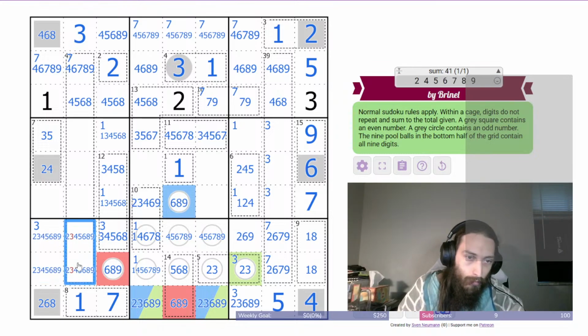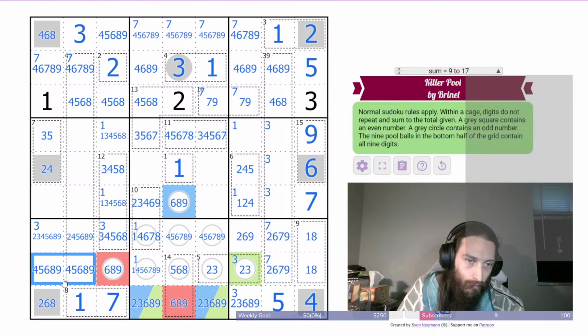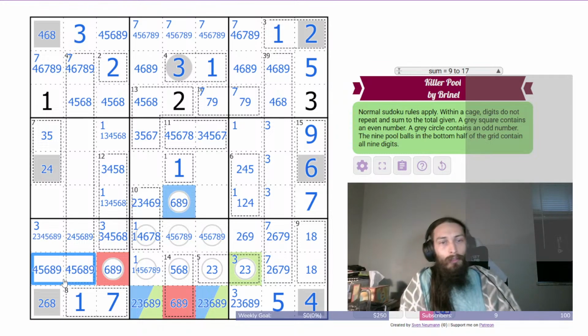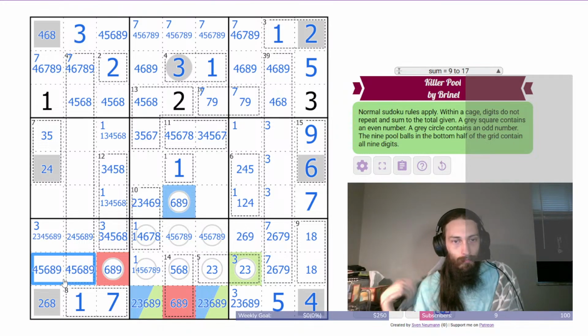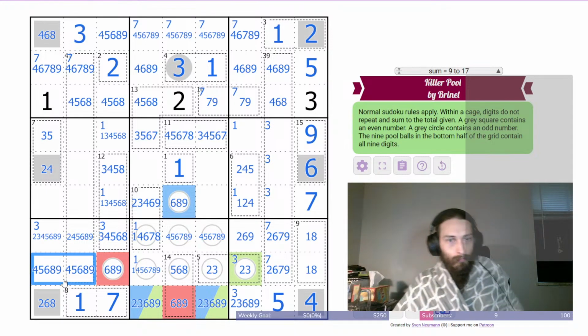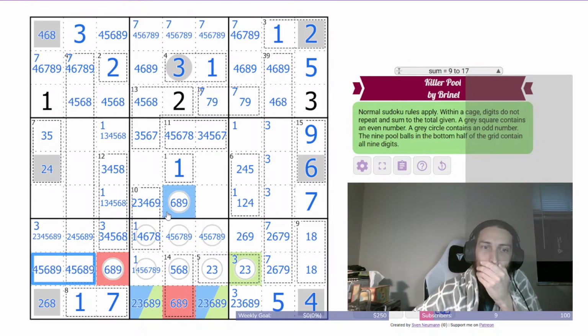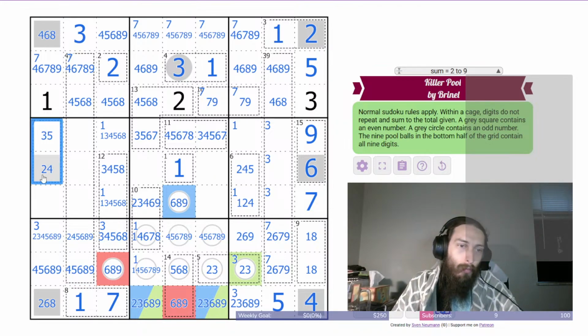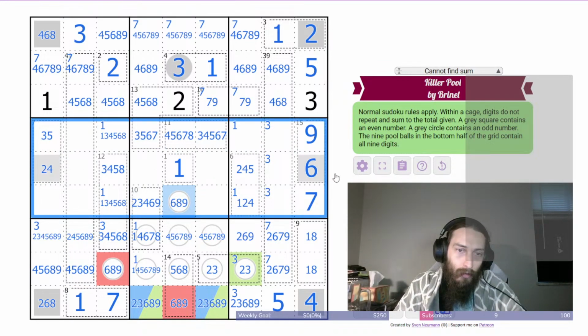1 and 7's out. 3's out from there. 2 and 3's out from these. I guess I want to know where is 2 in the center 3 rows.